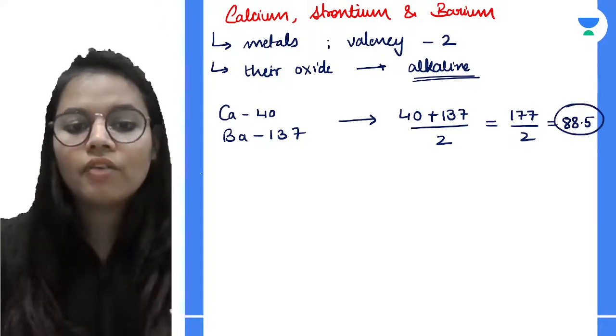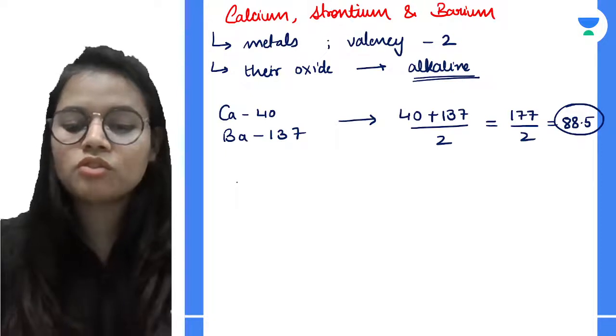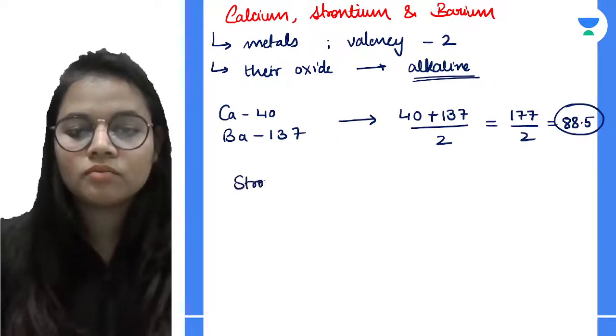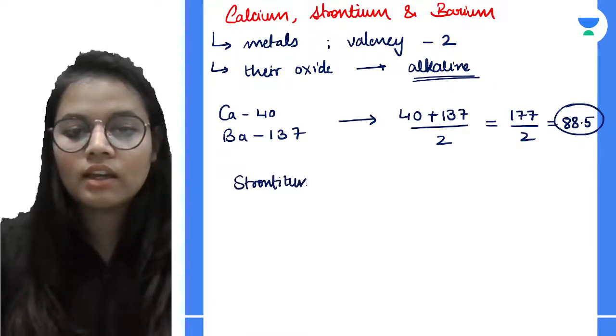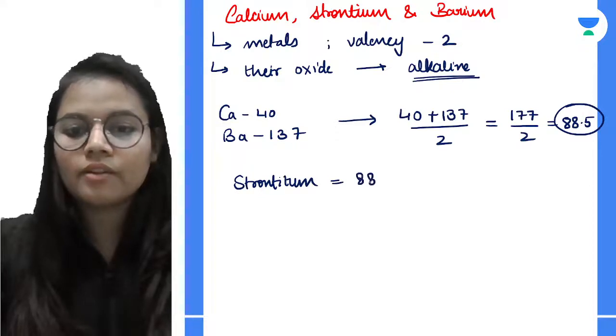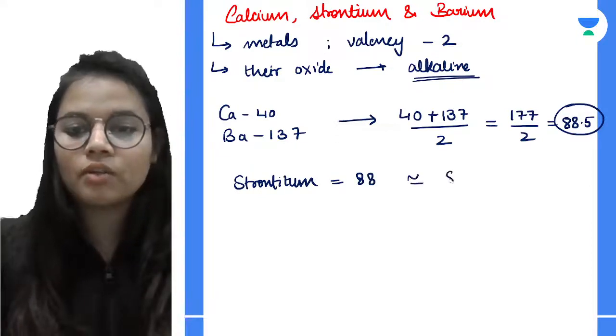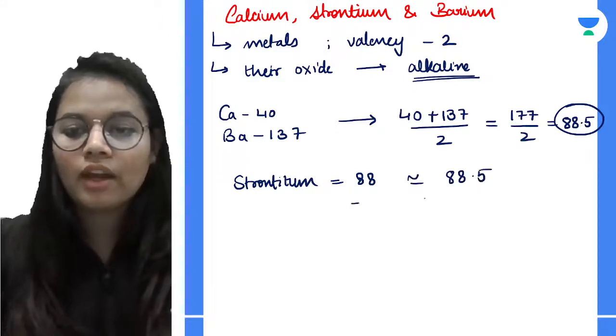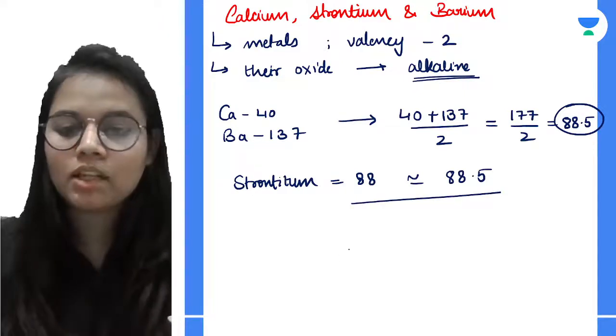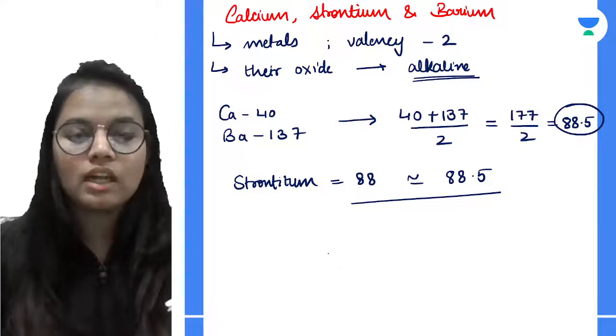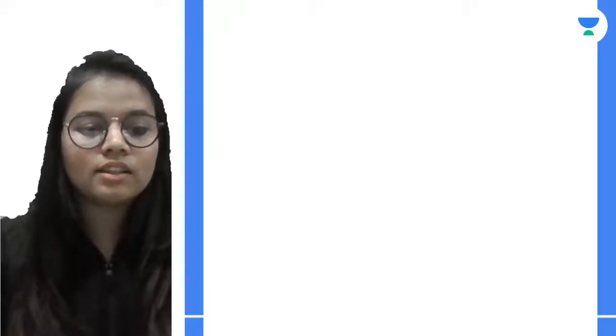Correct? The mass of strontium is 88. Now we can say that 88 is approximately equal to 88.5, and this law was thus applicable over here.